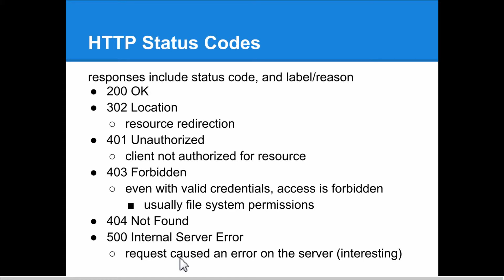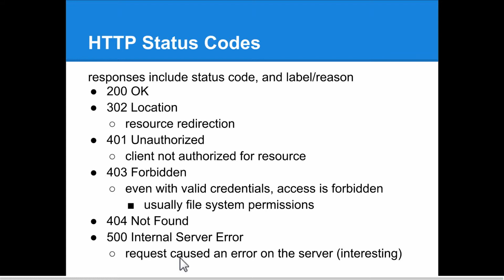HTTP was never intended to track state. So you could see state as authorized versus unauthorized, as being a state of the session. And so that's implemented commonly in cookies. 403 is forbidden, that even though you are authorized for the resource, access to that resource may be forbidden.